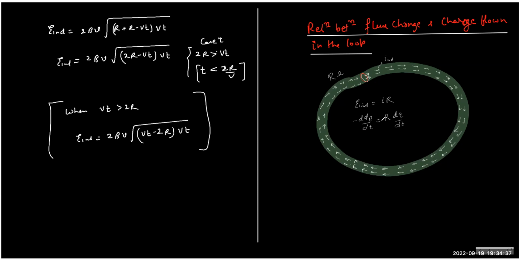So as long as the flux is changing through the area of the loop, I mean the loop area, current will be in the loop, and therefore charge is crossing this cross section.